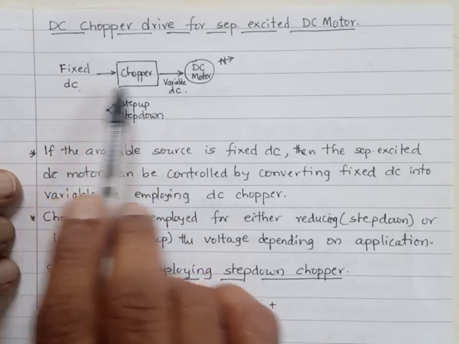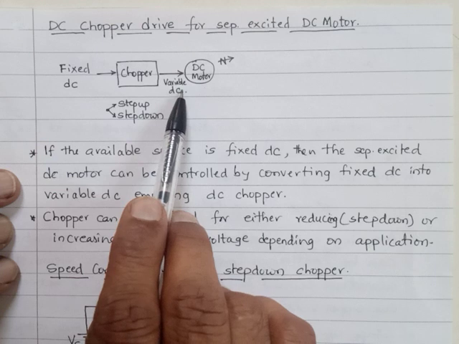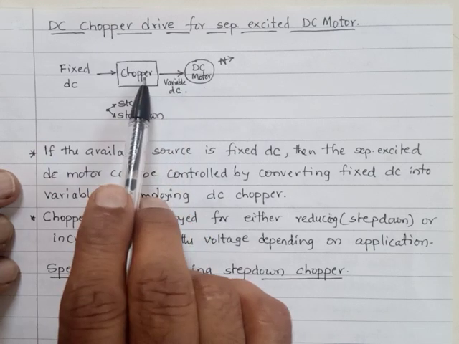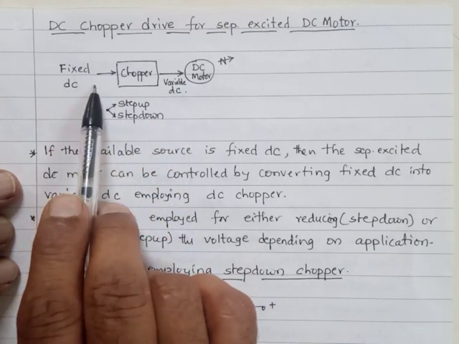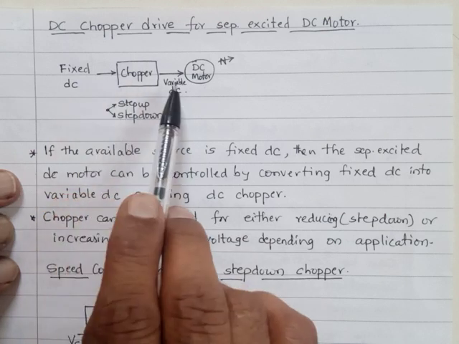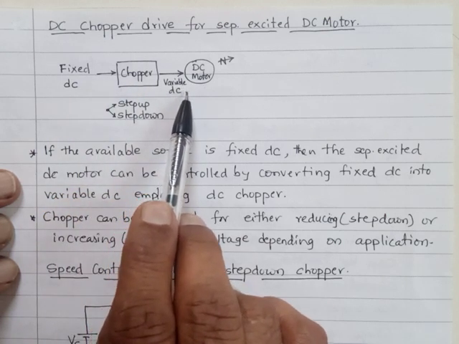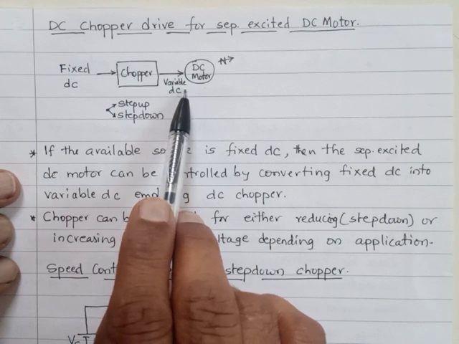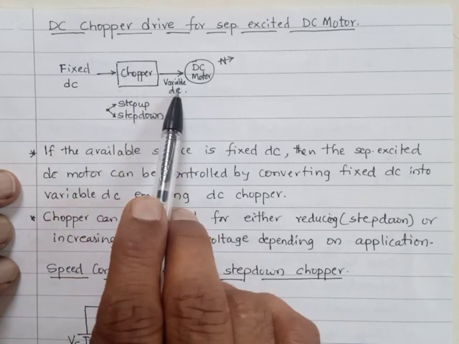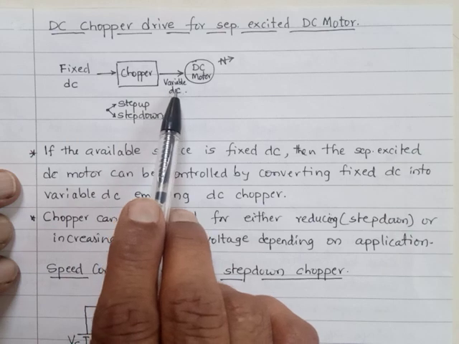Fixed DC to variable DC, that conversion is typically done by a chopper. The input voltage DC is changed to output voltage DC but variable. The output voltage can be more than the input, it can be less than the input.